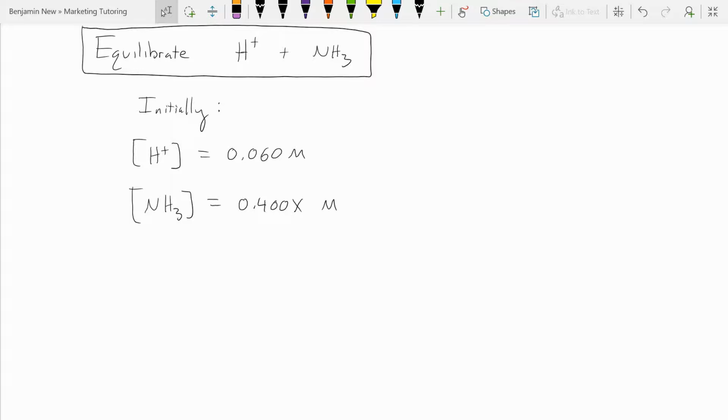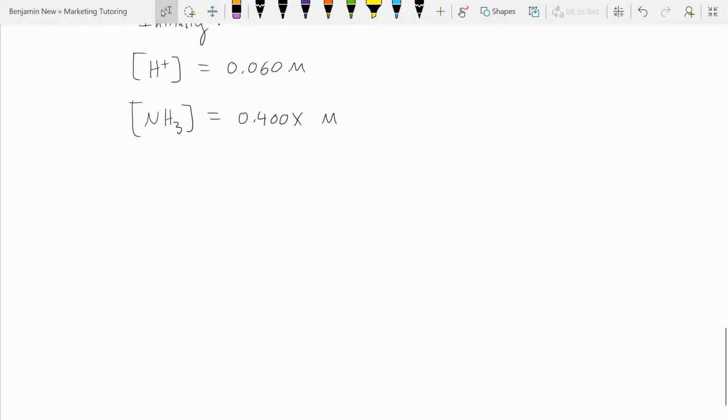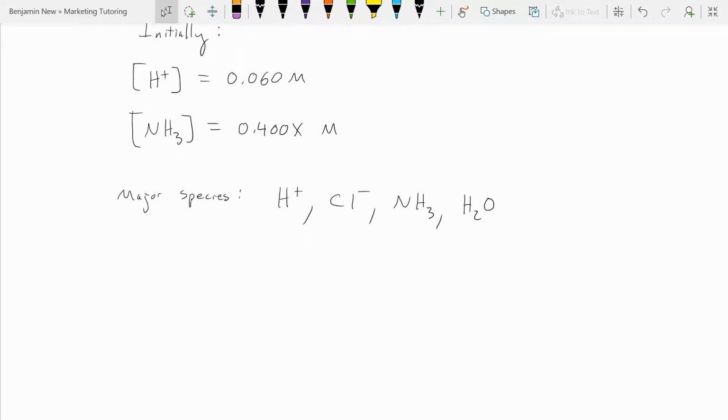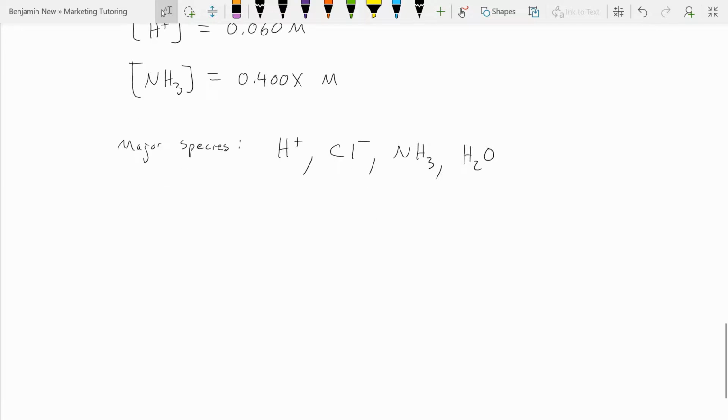Let's identify the major species. The major species in this case are H plus, Cl minus, ammonia, and water. Water is 56 molar, ammonia is 0.400x molar, H plus is 0.060 molar, and Cl minus is 0.060 molar.